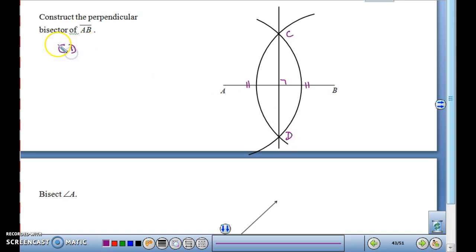CD is perpendicular to AB, and it's perpendicular at M, and M is the midpoint of AB. So when the perpendicular bisector is drawn, that will also help you find the midpoint of the segment. So you can do a construction to find the midpoint of the segment. Constructing the perpendicular bisector of the segment is the third basic construction.